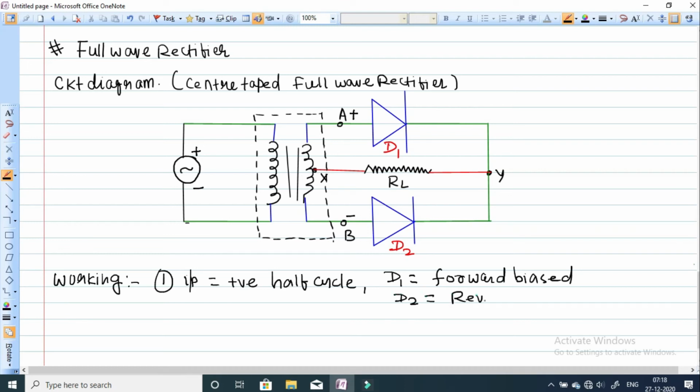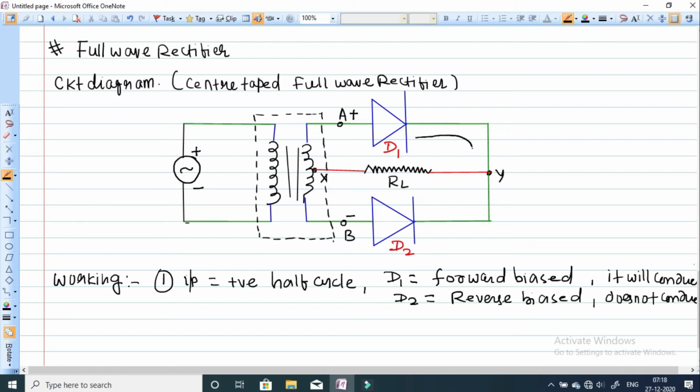It's very simple. Once you mark the polarity, you can easily identify which is forward bias and which is reverse bias. Since D1 is forward bias, it will conduct, and D2 is reverse bias, so it will not conduct. But still one diode is conducting. So this diode will conduct and you will get the current in this direction.